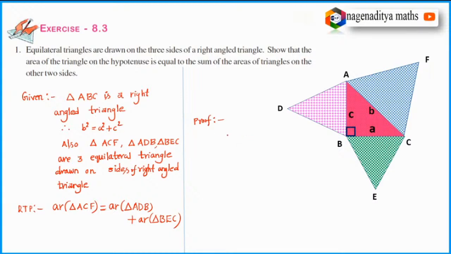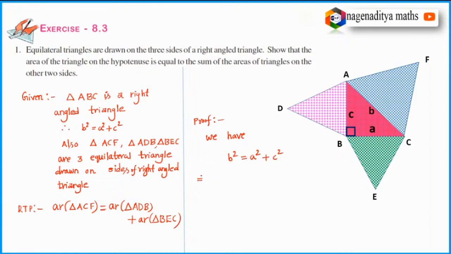So we have B square is equal to A square plus C square. Now I am going to multiply both sides by root 3 by 4.